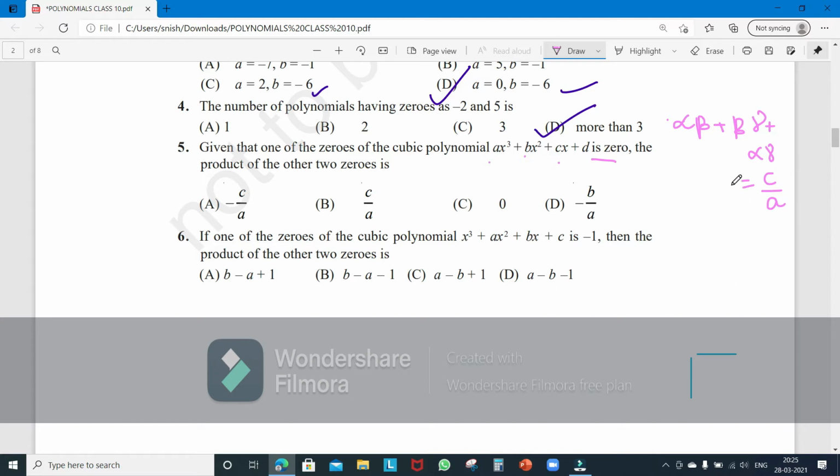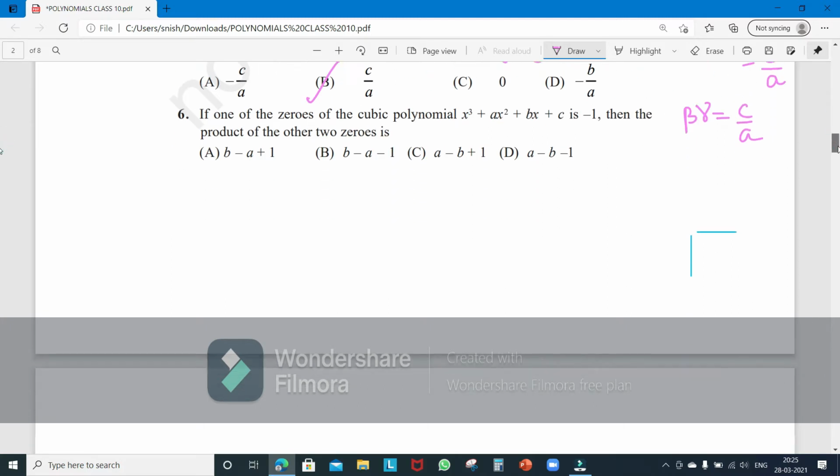So if one of the zeros of the cubic polynomial is 0, let's assume that alpha equals 0. Then these terms become 0, irrespective of the values of beta and gamma. So now beta into gamma equals c by a, the second option. That's the answer. I hope it is clear.